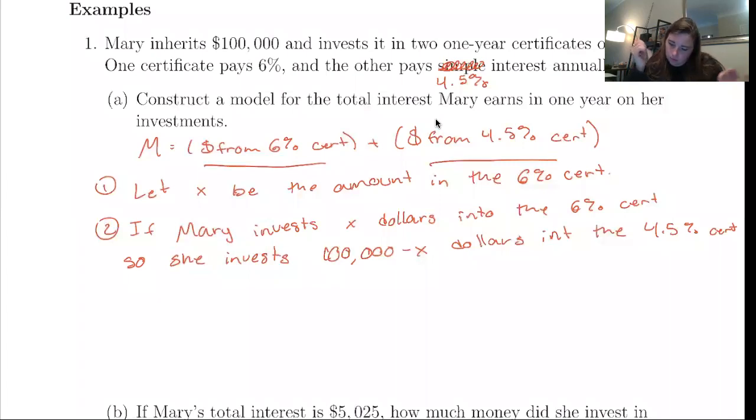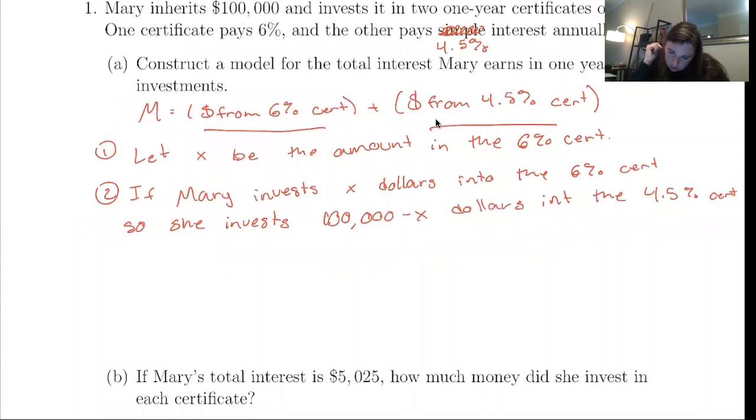So, we're looking for a model for the total interest Mary earns, right? So if you don't know how interest works, if I put $100 into the 6%, it's a percent, right?